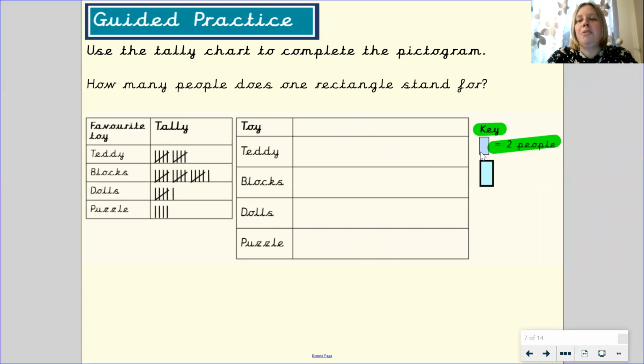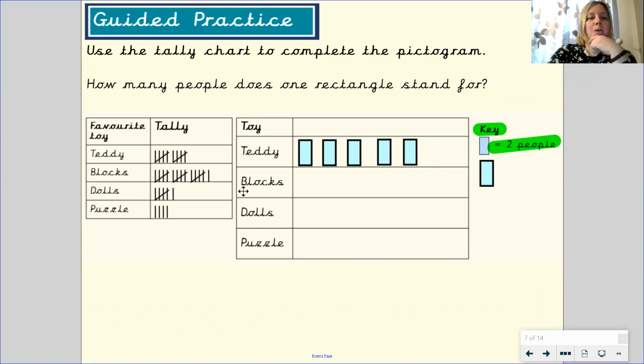And I've got my symbol and I need to use the symbol that my key is using. So I need to count up to 10 in twos. Count with me. 2, 4, 6, 8, 10. Let's have a look at blocks now.